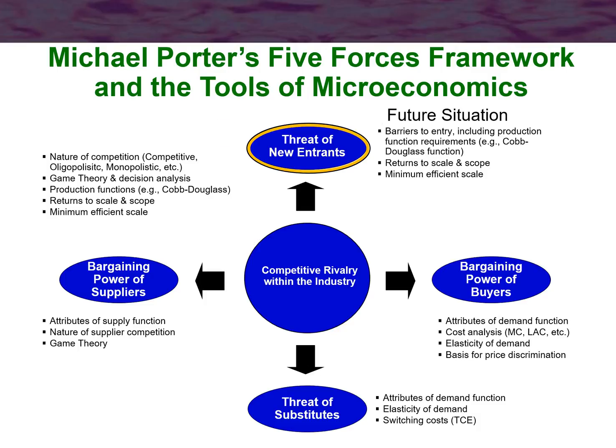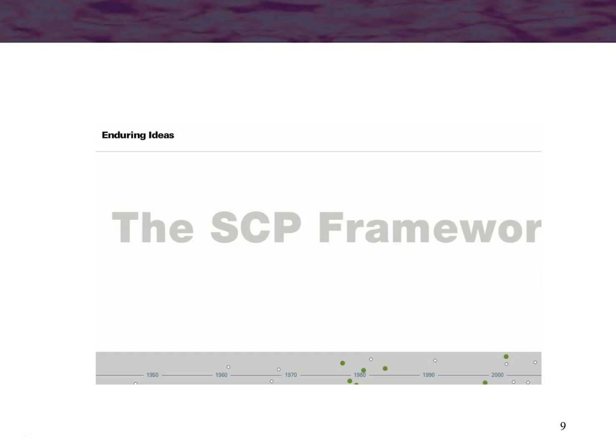If people come into this industry, that's going to change your market structure. If your market structure changes, conduct and performance within that industry will change. Now, in this PowerPoint, I have a nice, very short audio from the McKinsey Quarterly that talks about the history of the SCP framework. I highly recommend that you listen to it.